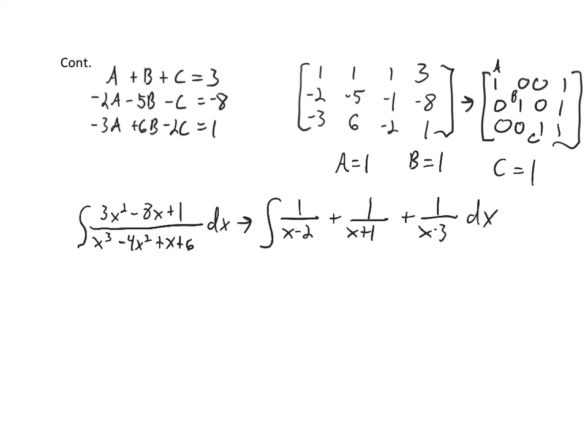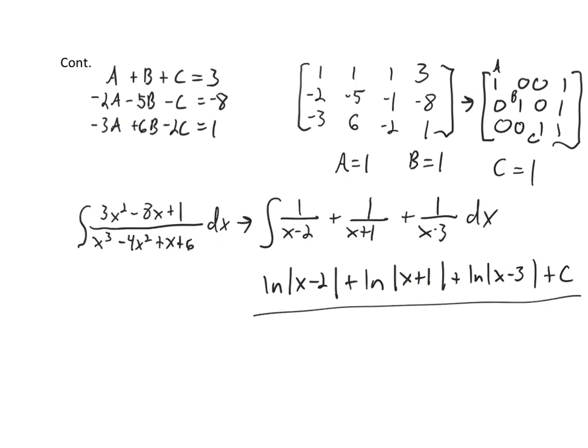If we integrate each of those terms, we get the natural log absolute value of x minus 2 plus natural log absolute value of x plus 1 plus natural log absolute value of x minus 3, and we always add our plus c. That would be our final answer. If you had something other than 1, 1, and 1, like maybe a 2 over x minus 2, then you would have had 2 natural log x minus 2. But this matrix worked out really nicely, and that's why we ended up with 1, 1, 1.